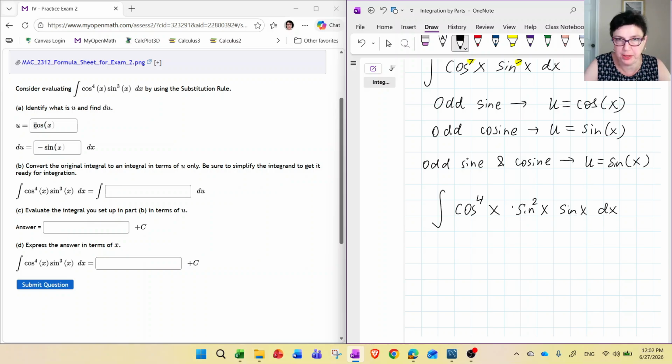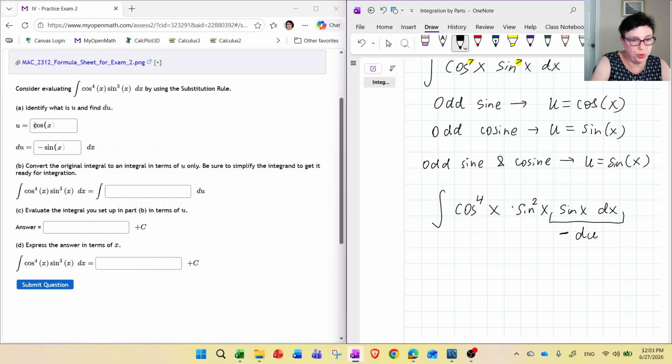You split the cube, which is multiplying an expression 3 times by itself, set aside one of them, and the leftover is going to be 2. So this part right here becomes du. We just saw du equals negative sine x dx, except you're going to have a negative. That's kind of a bummer with the cosine, because you have to worry about the minus sign.